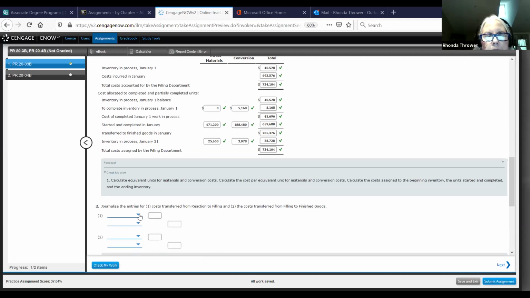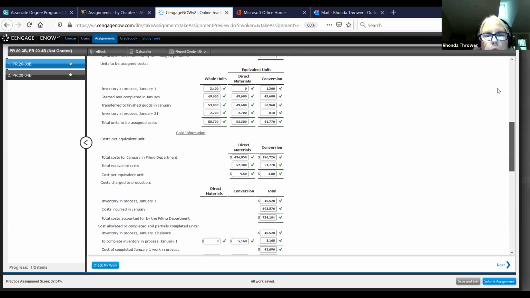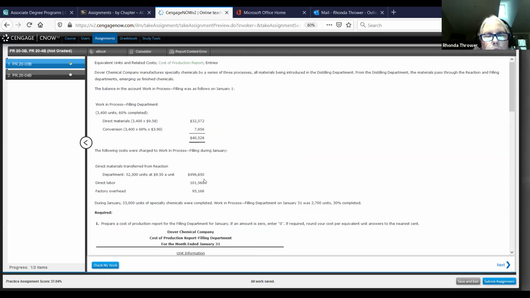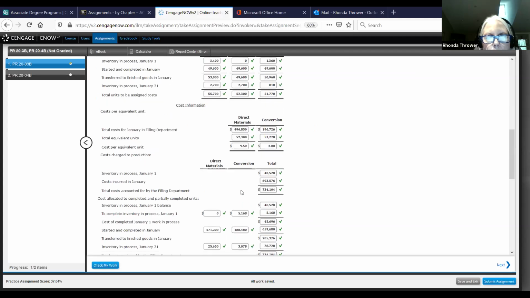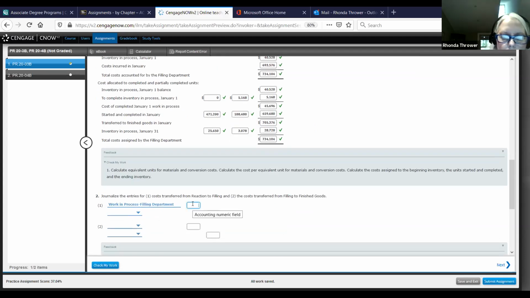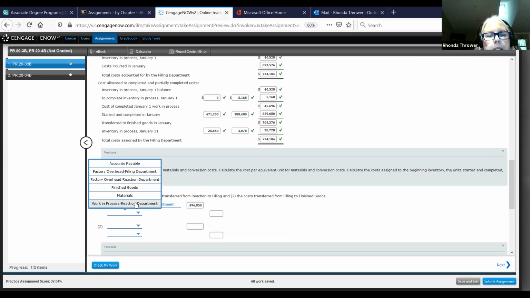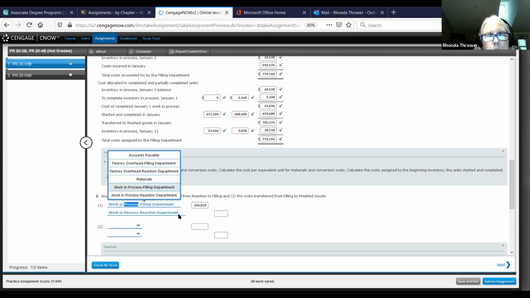And what we're doing is we're receiving into the work in process filling department the amount that was received, $496,850. We're going to credit the work in process reaction department because that's where we got the materials from.